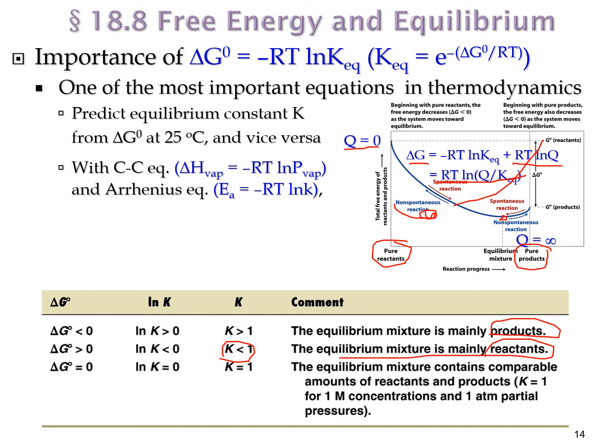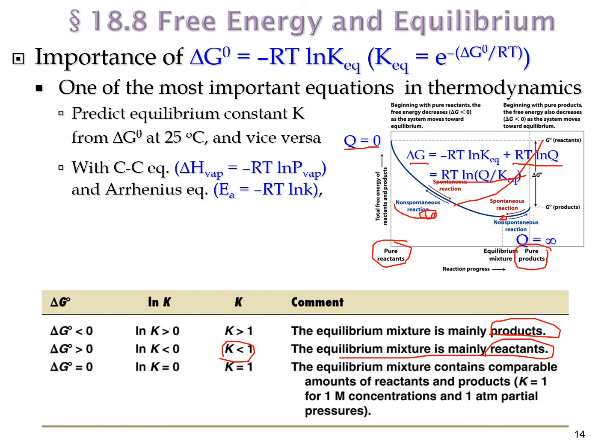All right, another point I'd like to make about this delta G0 equation is that it looks very similar to other equations. For example, the Clausius-Clapeyron equation for the heat of vaporization: it is negative RT log of PVAP.